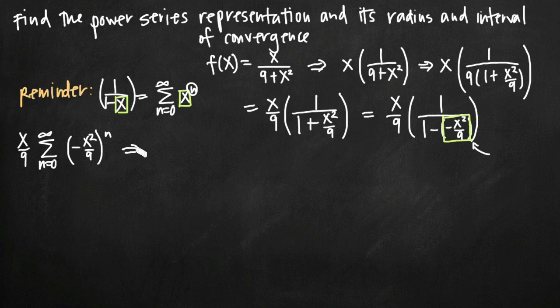So we're going to say that this is going to be the sum from n equals 0 to infinity. We're going to bring the x divided by 9 inside. We're going to basically have x to the first power divided by 9 to the first power, right? Both of these are raised to the first power. And then here for our negative x squared divided by 9 all raised to the n power, the first thing we want to do with that is pull out the negative 1 value.